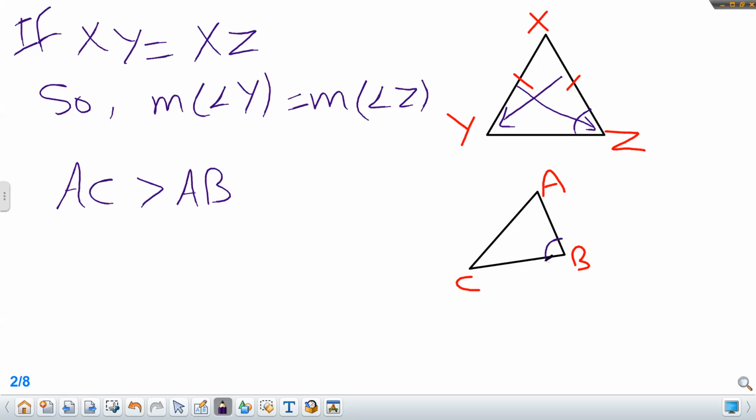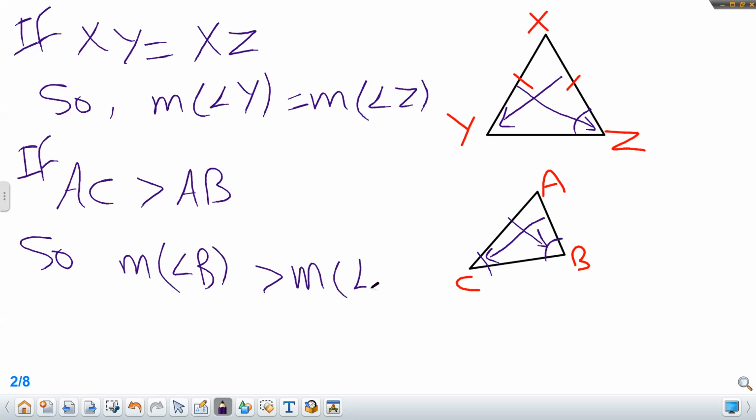Yes, good, AC is opposite to angle B. Then what is the angle opposite to side AB? Yes, good, angle C. So if AC is bigger than AB, we can say measure angle B is bigger than measure angle C.